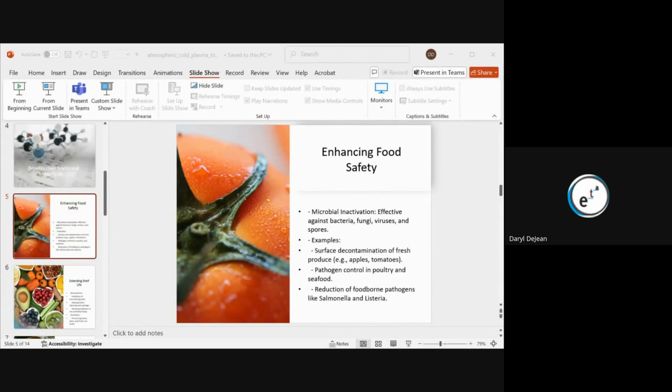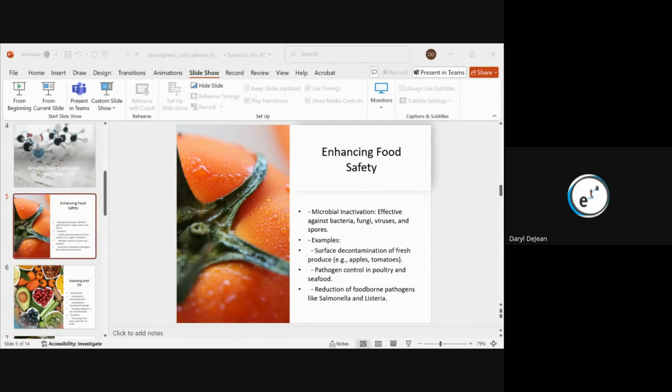So if you're in a grocery store or a food store or a produce storage house and you're mixing the products, the off-gassing from one may cause the ripening and spoilage of another. With non-thermal plasma in place, it is affecting those gases to help increase the shelf life of those produce, because the gases that act as a ripening agent to other product are being mitigated, so that it doesn't speed up the ripening process.